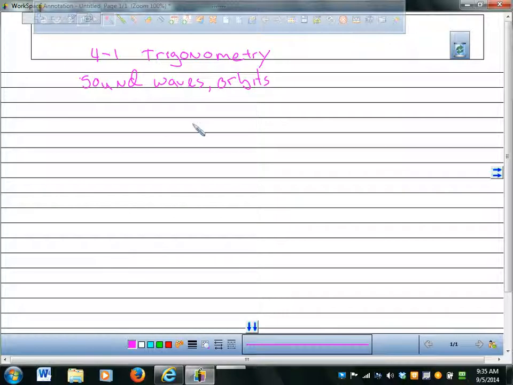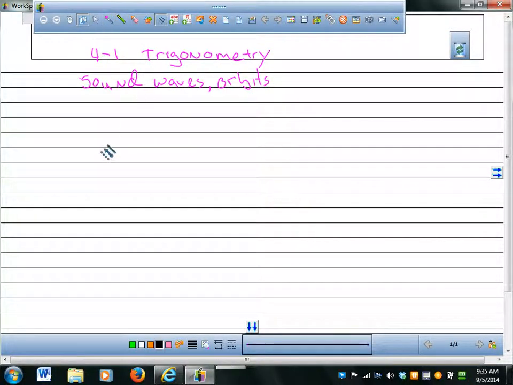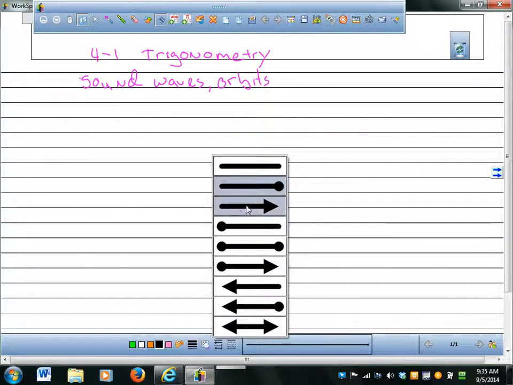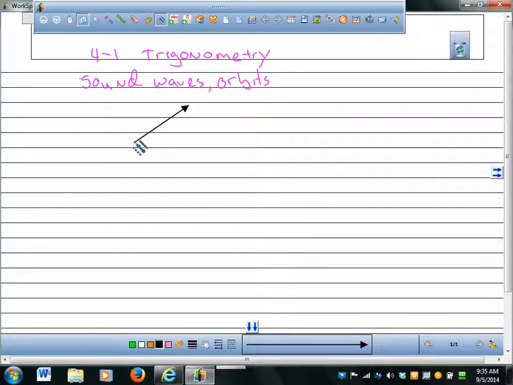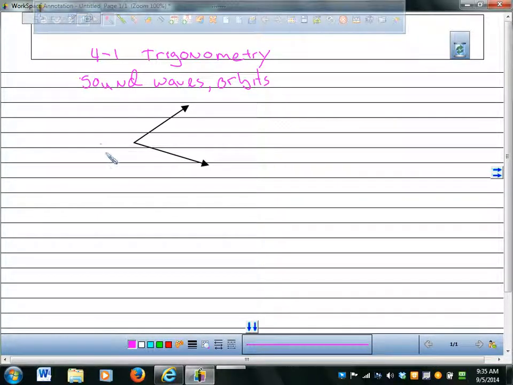So anyway, they start off in this chapter with an angle, and they define an angle a little bit differently than you've seen it before. So here's an angle. This part of the angle is called the vertex. You know that, right? But different from what you learned in geometry, this is called the initial side.